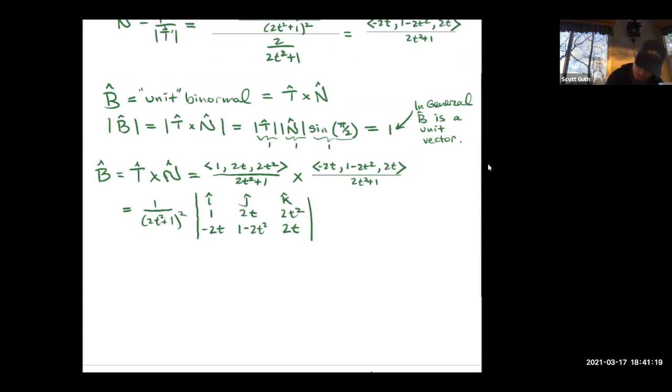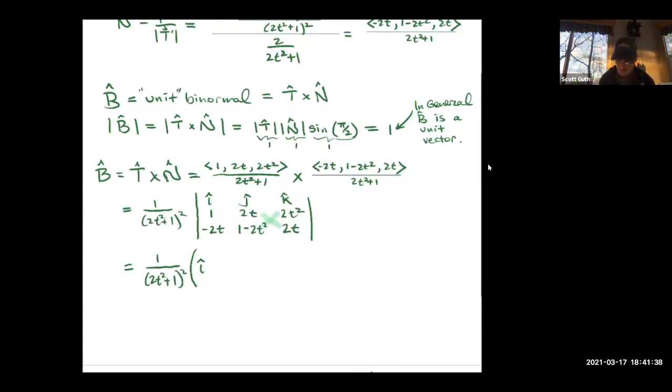Okay, well, so we've got this 1 over (2t squared plus 1) squared, and then I'll just do big parentheses and an i hat. So for the i hat, we're going to do this computation here.